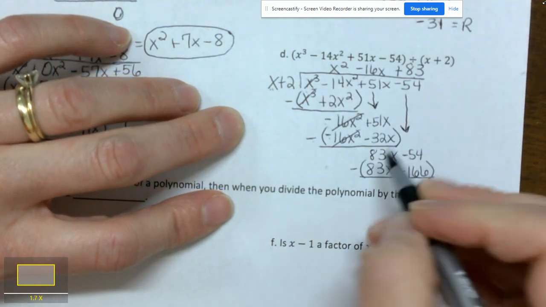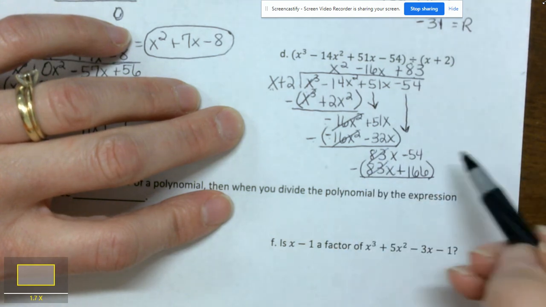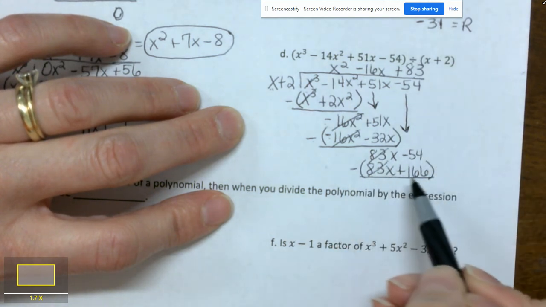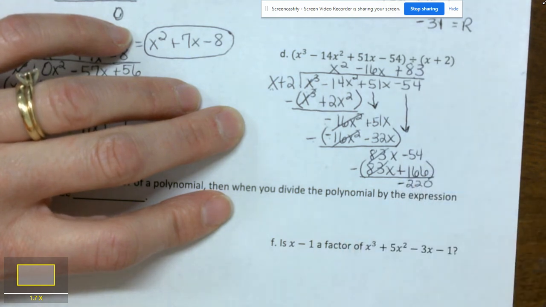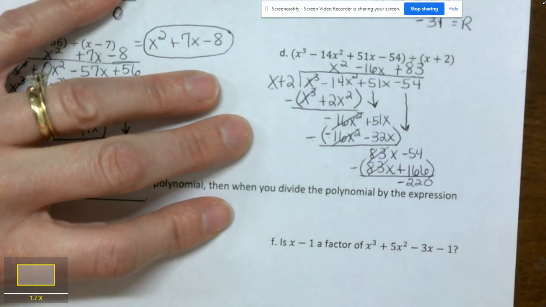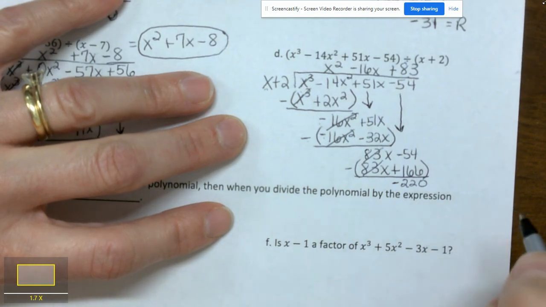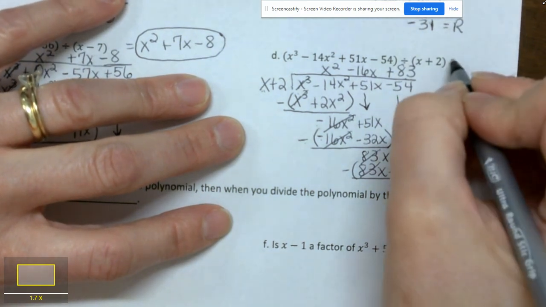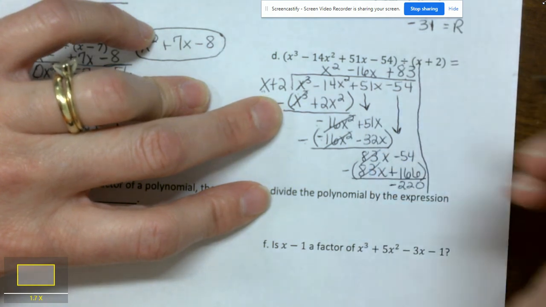83 minus 83, that's 0. And negative 54 minus 166, that's going to be negative 220. Okay, so I have a remainder this time. So my answer is going to be, okay, and I'm going to draw a line down through here so you all can see the answer here.